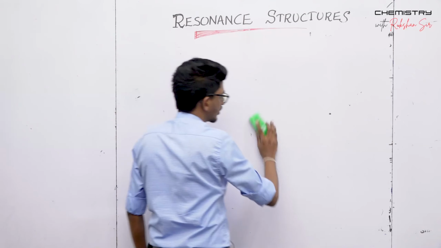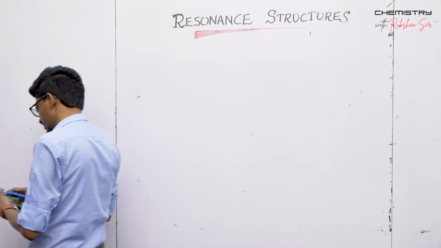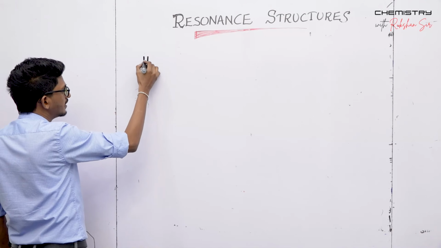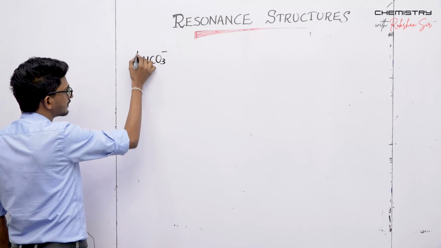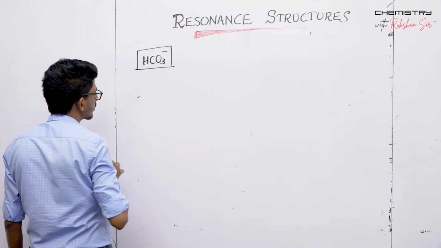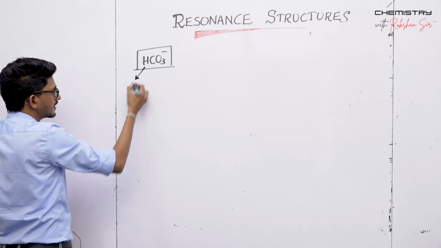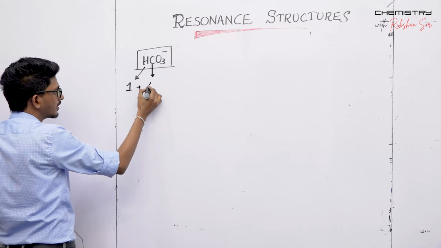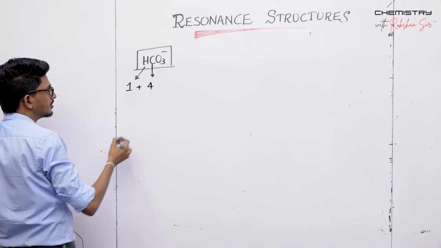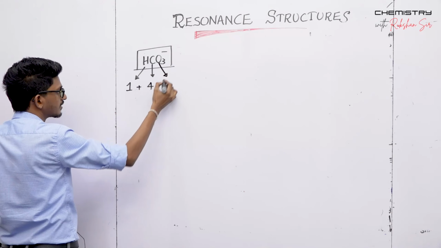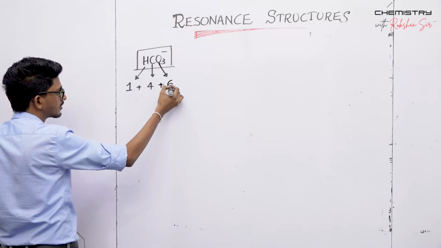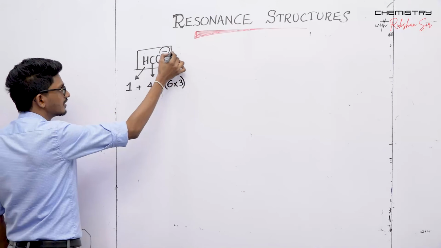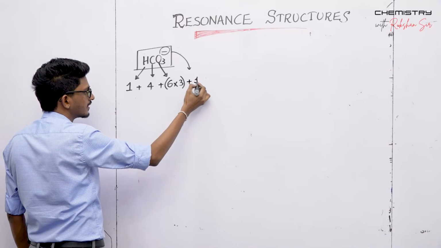It is an asymmetric molecule. First do the electron count. With the hydrogen you get 1 electron. With the carbon you get 4 electrons as group 14. With 3 oxygens, each gives 6 electrons, and the minus 1 charge means another electron is added.